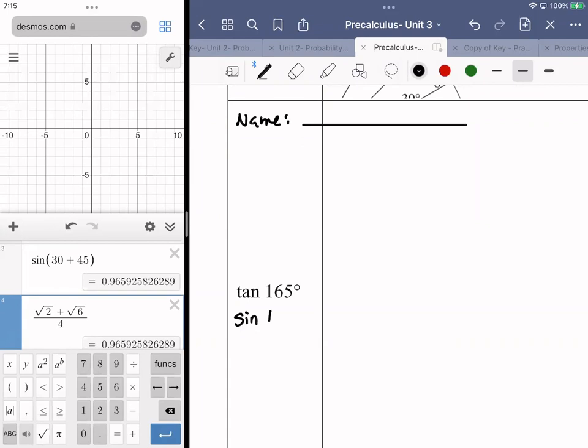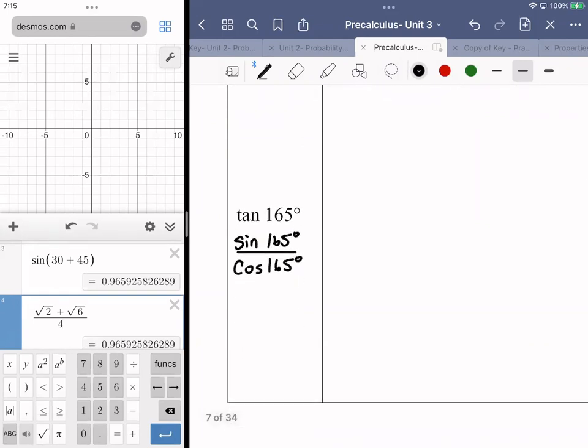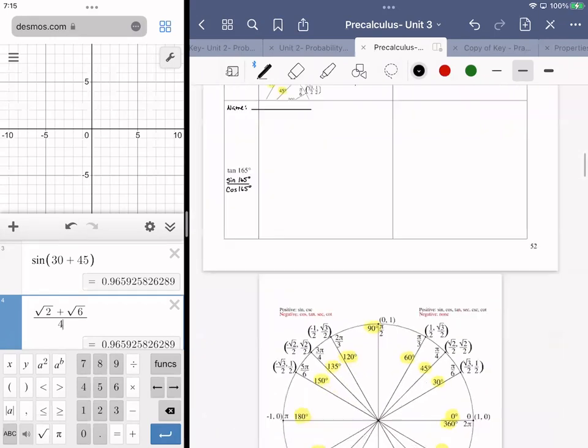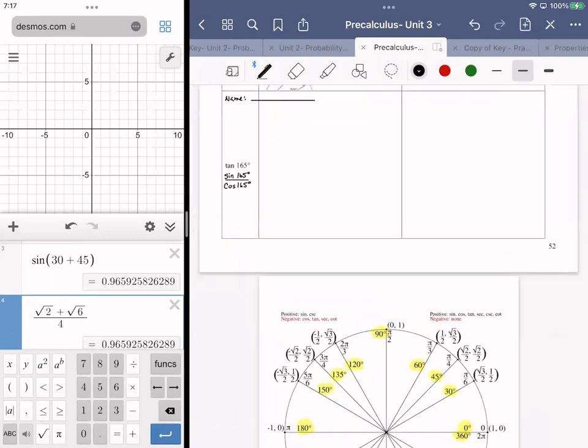So sine of 165 degrees over cosine of 165. Now we want to find the nice unit circle angle that's going to get us to 165, or a pair of angles, I should say.